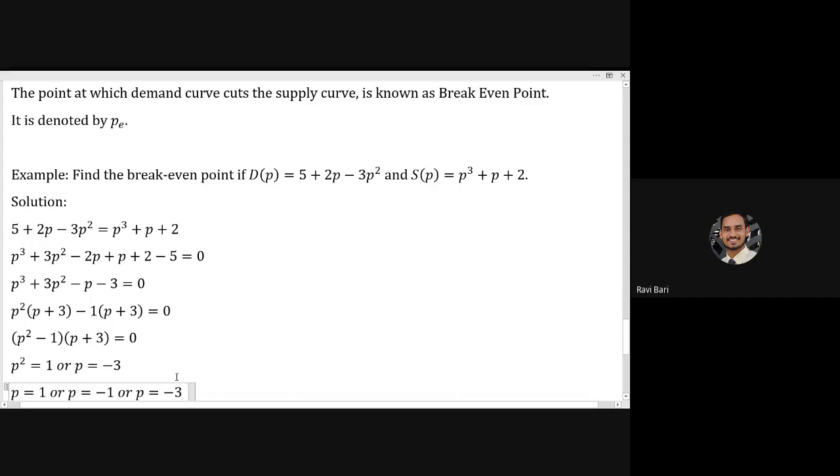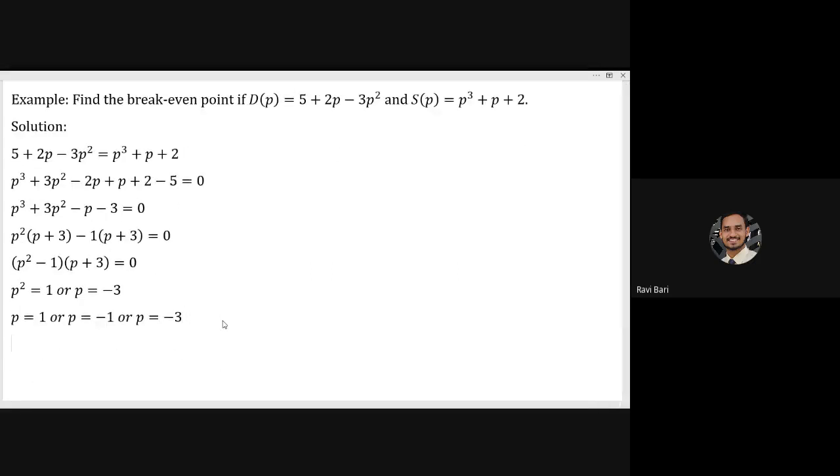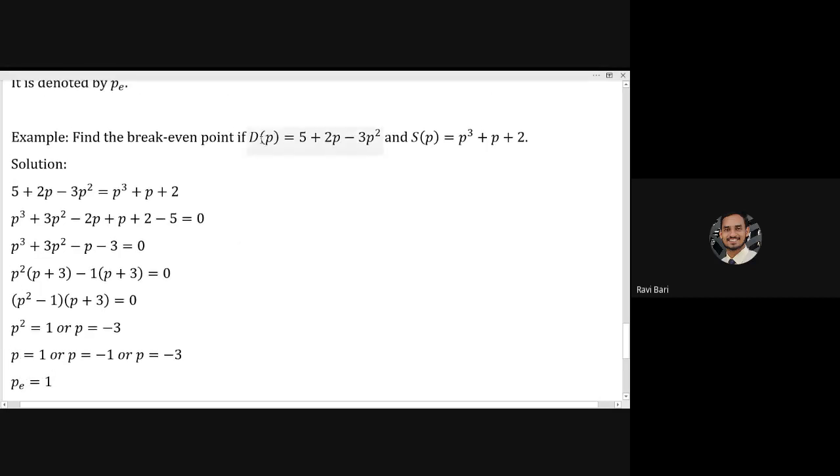So P is equal to 1 is possible. That means your break-even point is equal to 1. So at price 1, the demand curve and the supply curve are meeting each other. Is it clear, everyone?